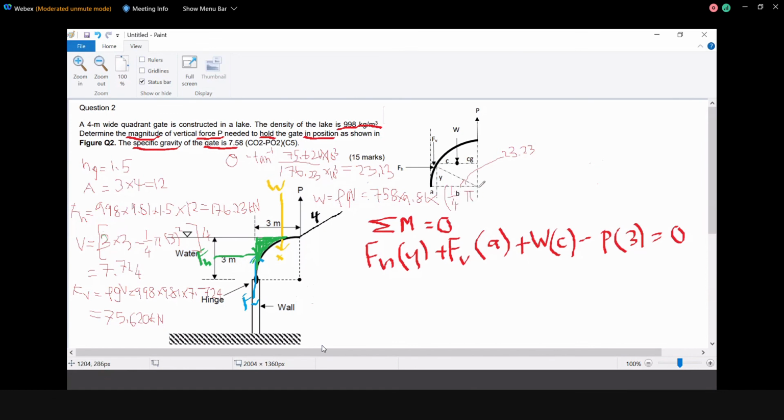Pi R ialah 3 darab dengan 4. So dapat berapa? Wait. Tujuh, lima, lapan.